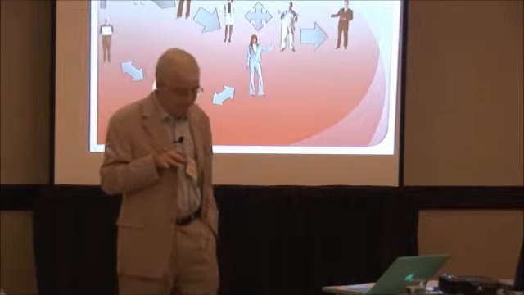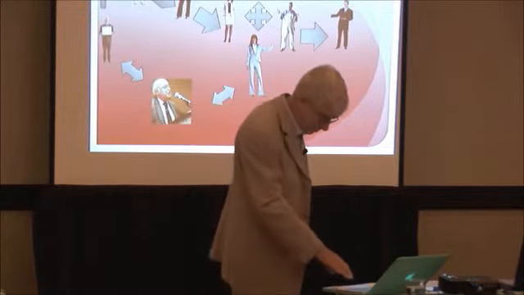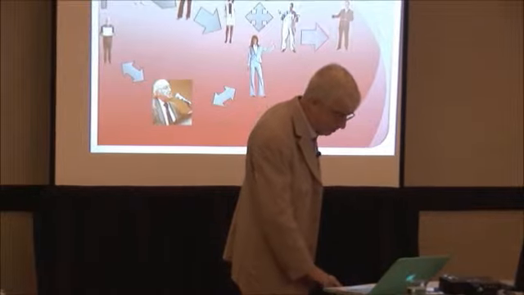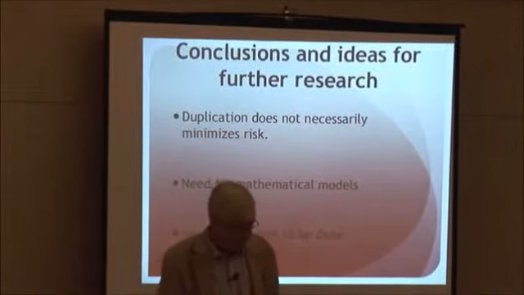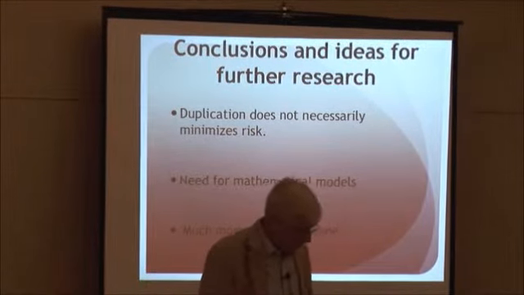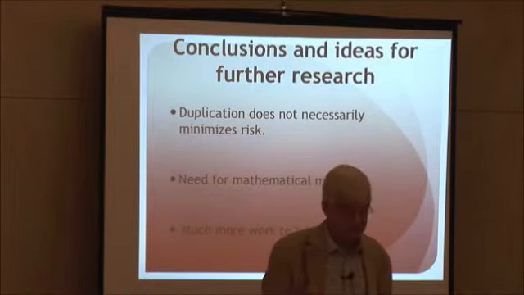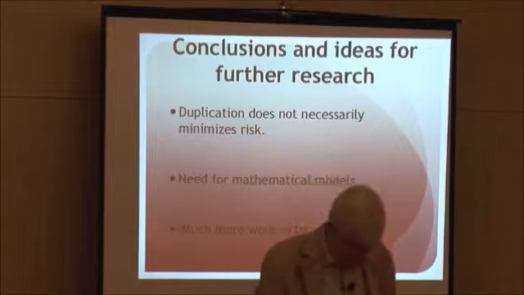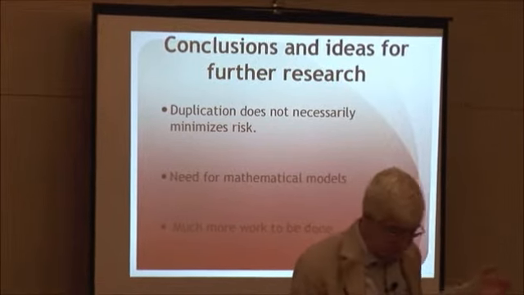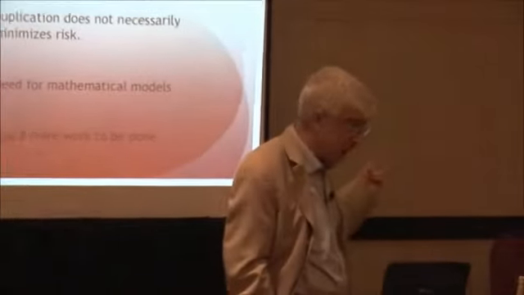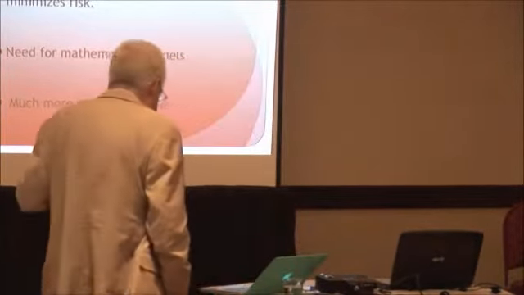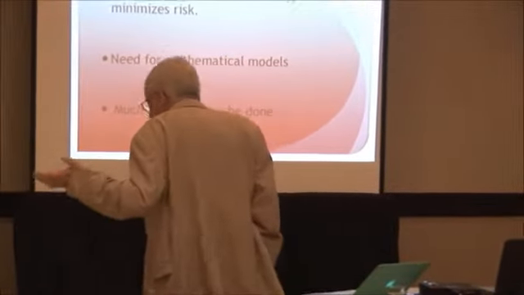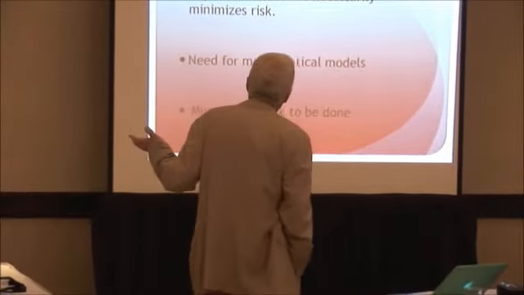What did we find? Some ideas for future research. Duplication does not necessarily minimize risks. Many people think that if I have two sources, or two banks, or two jobs, the risk will be minimized.